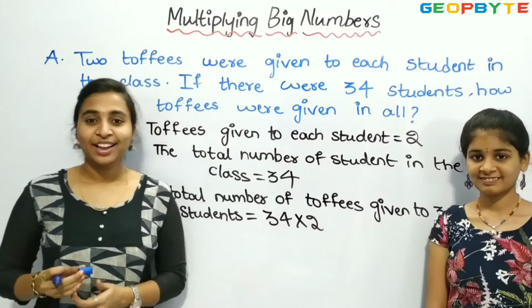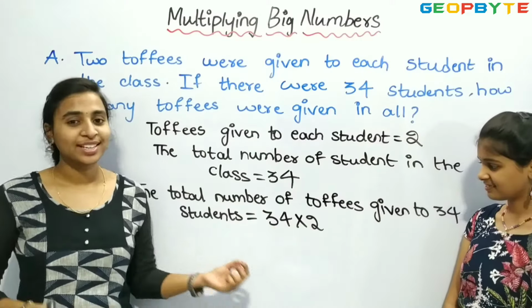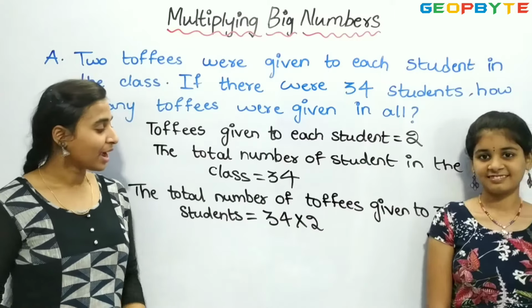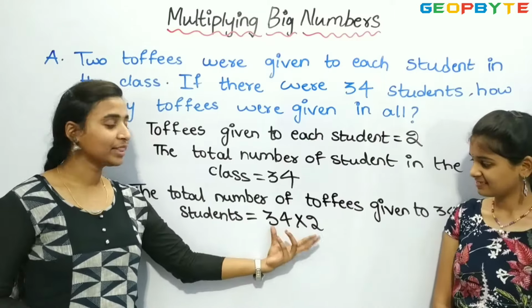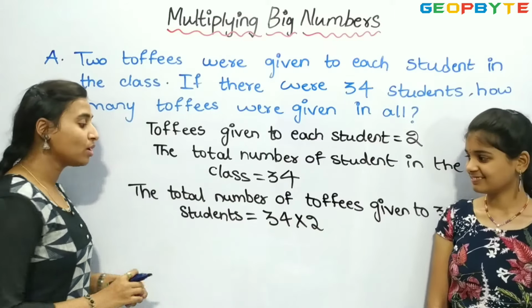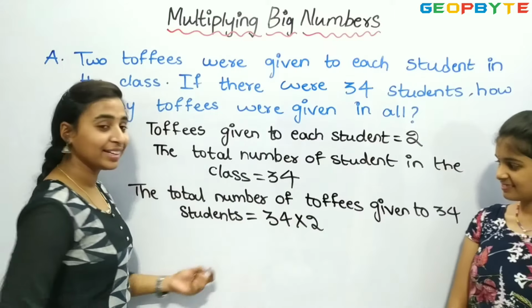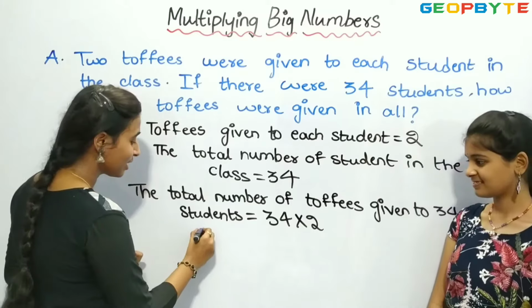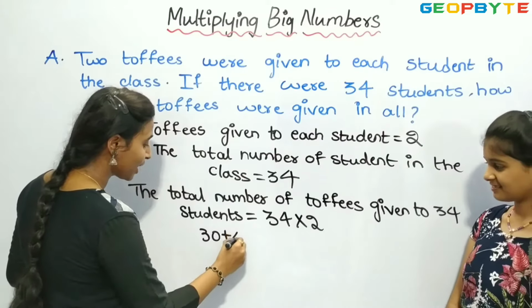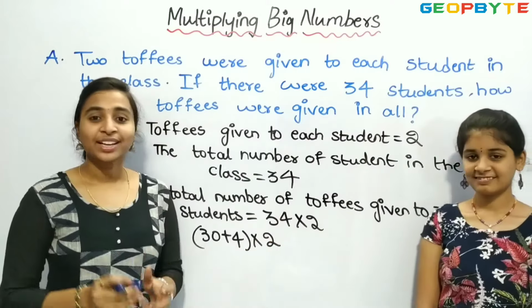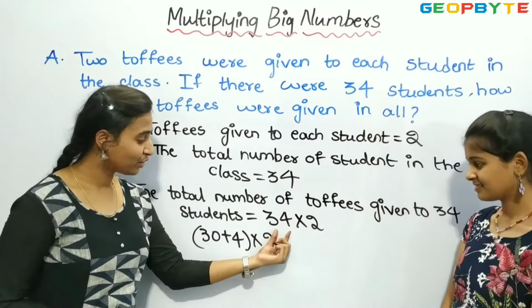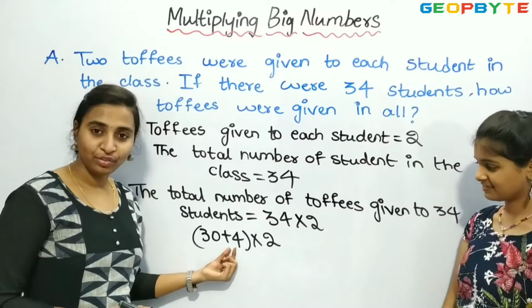Now children, if you see, 34 is a little big number and 2 is a small number, but we need to multiply 34 into 2. So, see, we can write these two numbers as 30 plus 4 into 2. I have split 34 into 30 and 4.